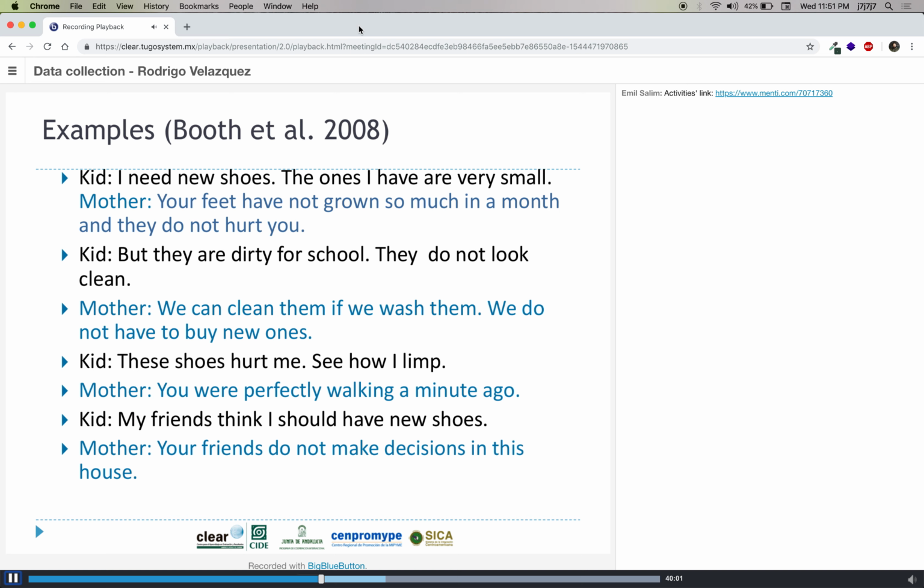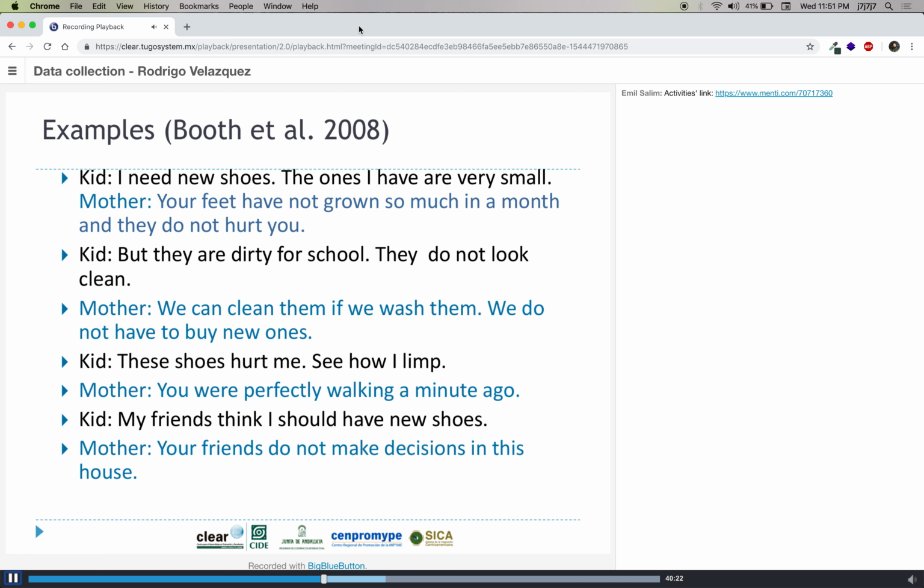This means that this evidence is not representative. Of course, he is pretending to get new shoes, and when he starts limping, this is not sufficient nor representative evidence concerning the problem that he's saying.